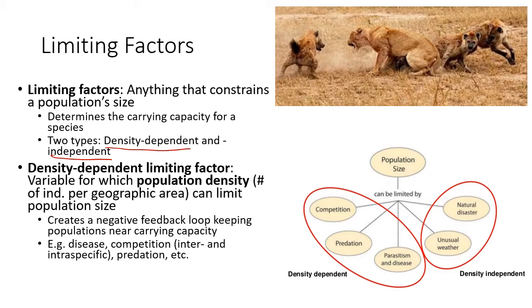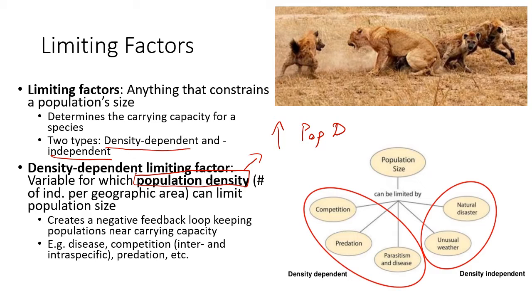Let's start with density-dependent limiting factors. Density-dependent does rely on the population density, or it is a variable for which the population density does limit the population size. Okay, so the higher the population density, I should just abbreviate that as a capital D because that's how you abbreviate density.